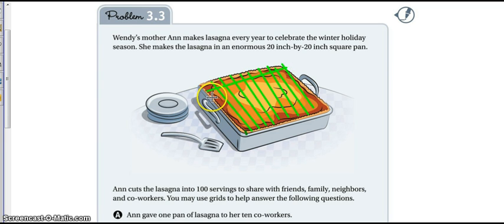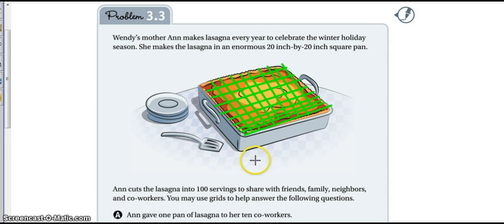So 1, 2, 3, 4, 5, 6, 7, 8, 9. Okay, so she's overlaid that grid.